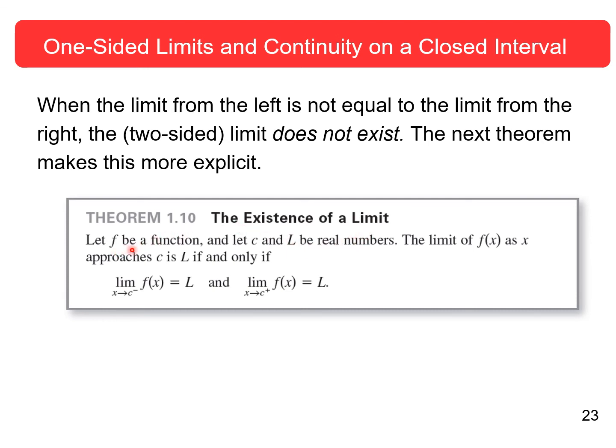If f is a function and c and L are real numbers, the limit of f of x as x approaches c is L if and only if the left-hand limit, the limit of f of x as x approaches c from the left, is equal to L, and the right-hand limit, the limit of f of x as x approaches c from the right, is also equal to L.